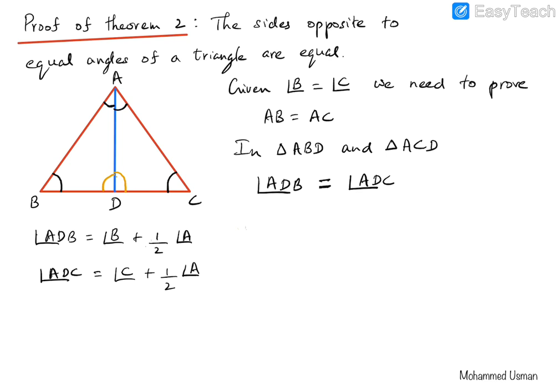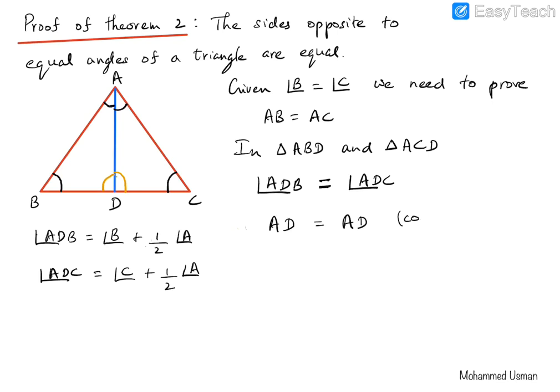So now we can check for congruence. So the first step is we have ADB is equal to ADC, and then we have a common side. So the common side is AD equals AD.